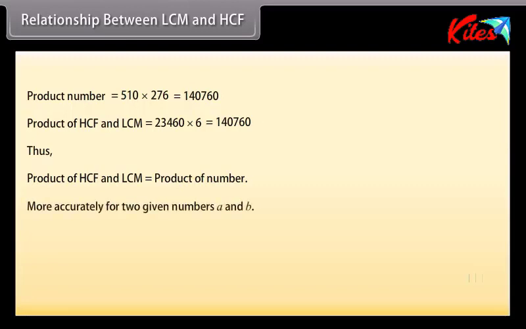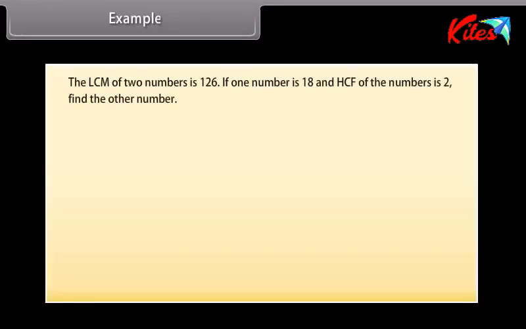More accurately, for two given numbers a and b, HCF(a, b) × LCM(a, b) is equal to a × b. Example: the LCM of two numbers is 126. If one number is 18 and the HCF of the numbers is 2, find the other number.